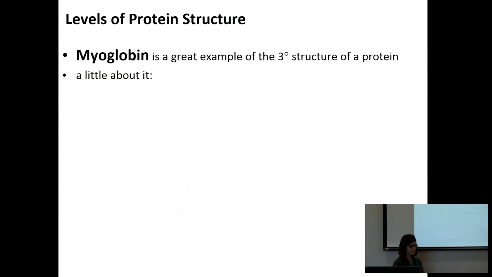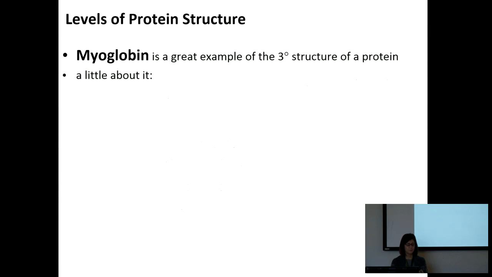Okay, in the last part of the lecture, we talked about the levels of protein structure and the interactions that were involved in each. So we know that there's 4 levels of protein structure. Primary is the amino acid sequence, and we have the covalent peptide bonds, which are also known as amide bonds.